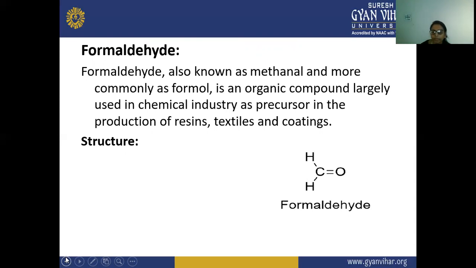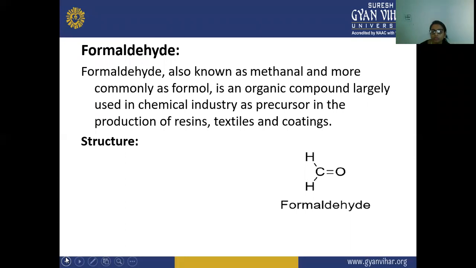Formol, formaldehyde, and methanal are the names of this compound, and it is an organic compound largely used in the chemical industry as a precursor in the production of resins, textiles, and coatings.